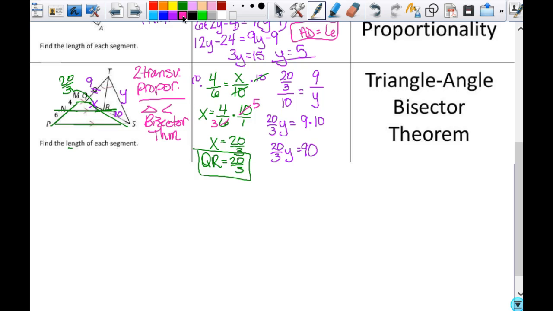Can you tell me? Tell me why we multiply by the reciprocal here. Huh? Well, yeah, I know, to get y by itself, but why is that what we do? Because if I have 5x equals 10, do we multiply by something here? Right? So why am I multiplying by something there? So why does it multiply?